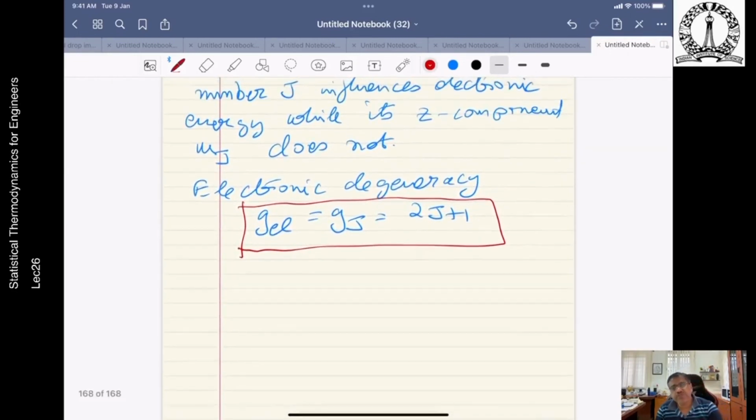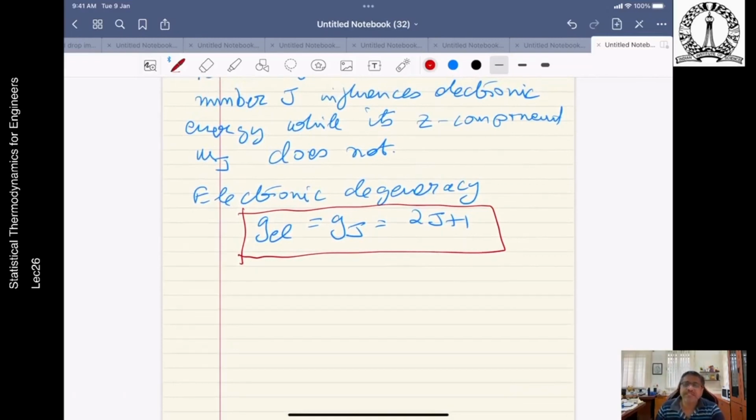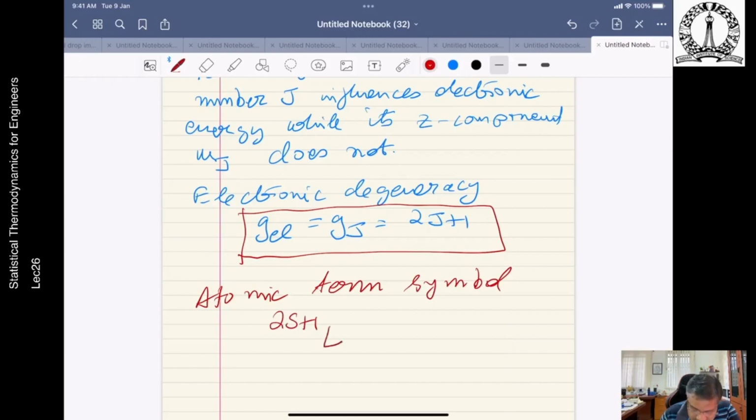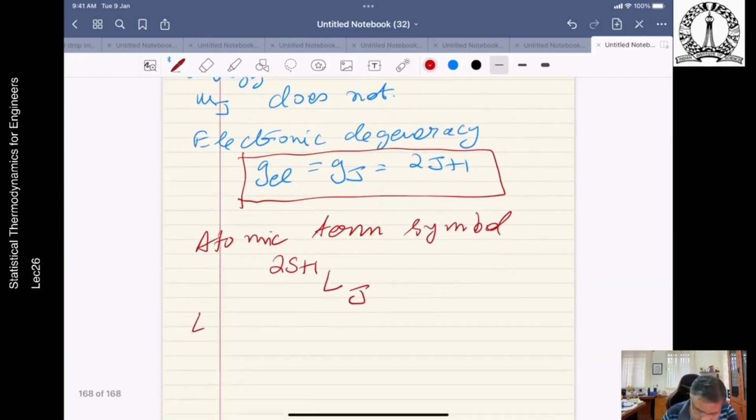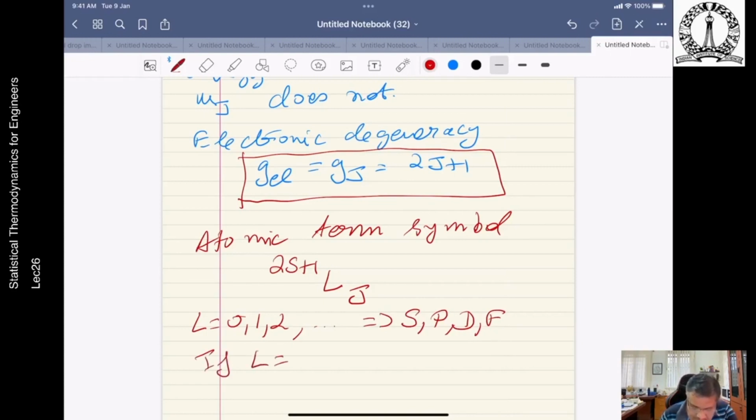The term classification for the electronic state of a multi-electron atom is predicted by the need to specify L, S, and J. So in general, the atomic term symbol is given in this form: 2S plus 1, L, J. So L equal to 0, 1, 2 is equivalent to saying S, P, D, F. So if L equal to say 1 and S is equal to plus half, then what will be J?